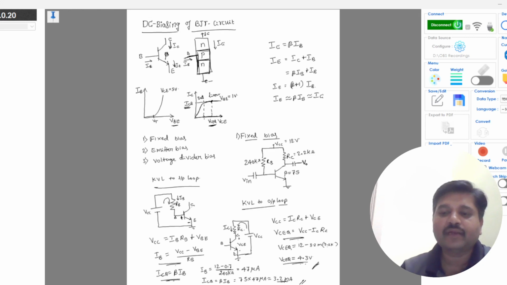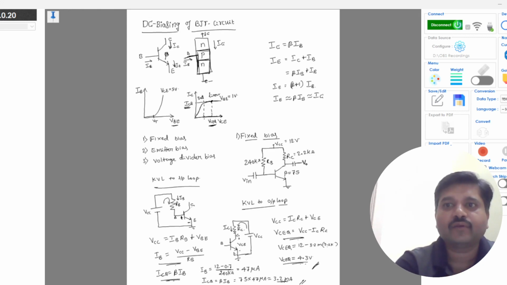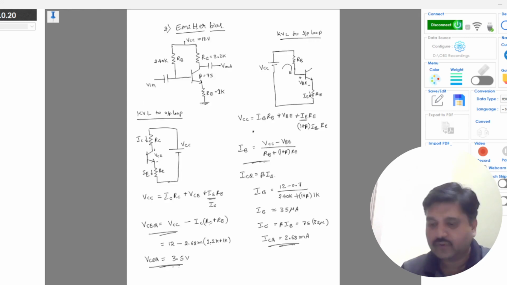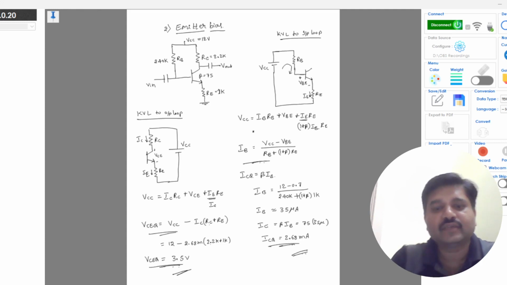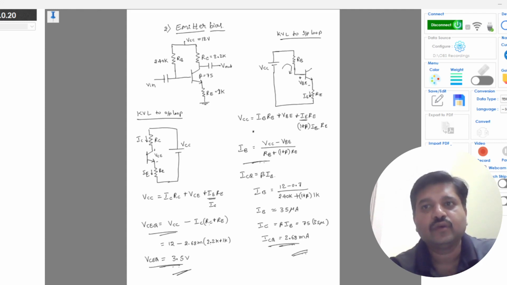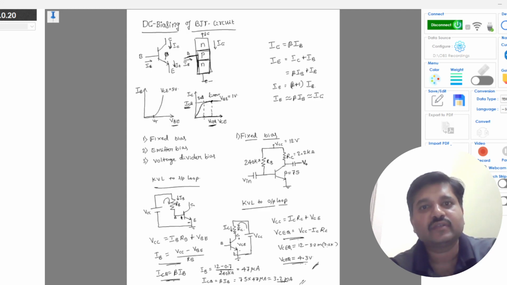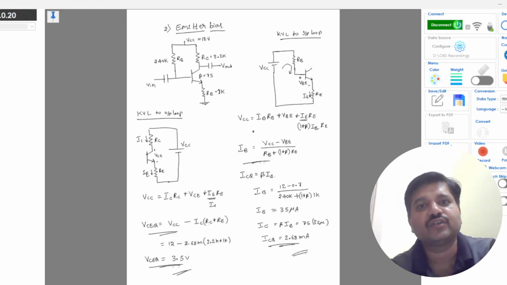Whereas in the emitter bias circuit, what is the value? We have VCEQ as 3.5 volt and ICQ as 2.68 milliamps. So there is a slight change in bias point. Okay, so this is how you get the different biasing conditions for the different types of biasing techniques.